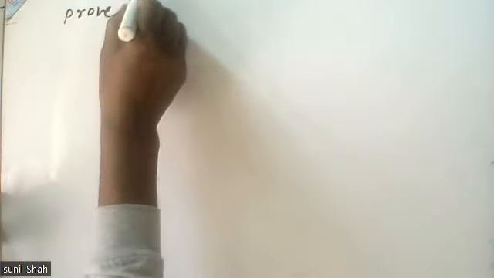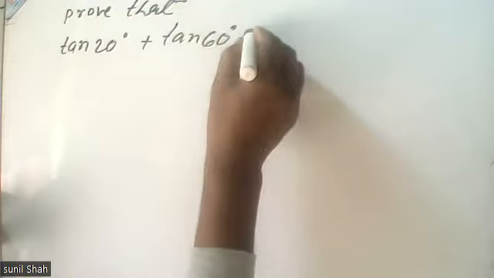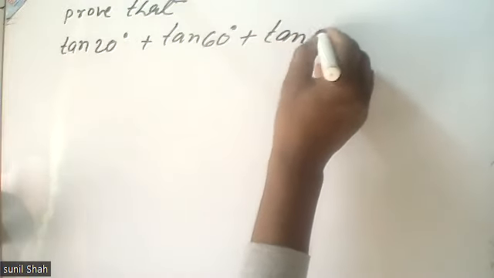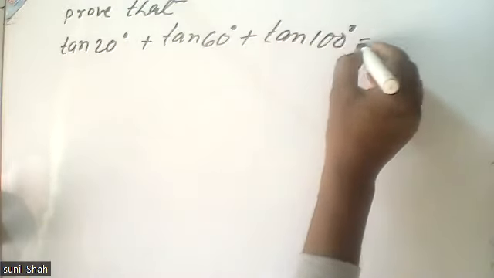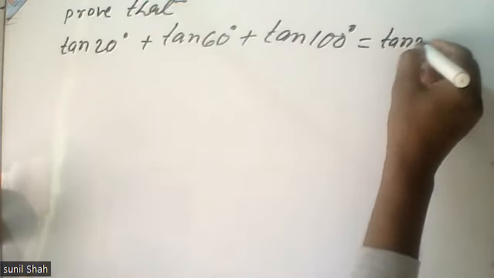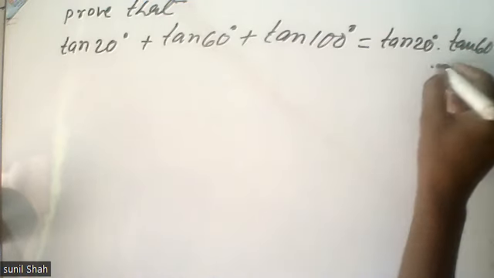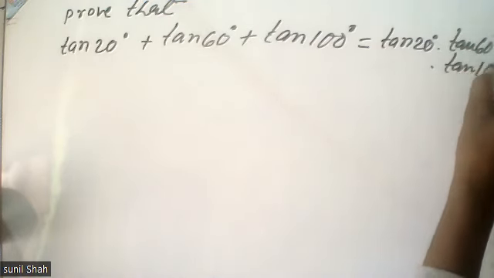Prove that tan 20 degree plus tan 60 degree plus tan 100 degree is equal to tan 20 into tan 60 times tan 100 degree.